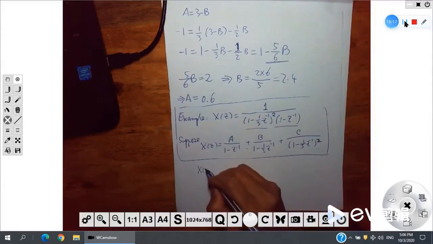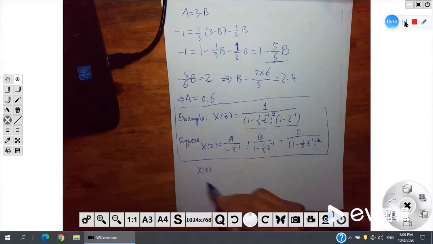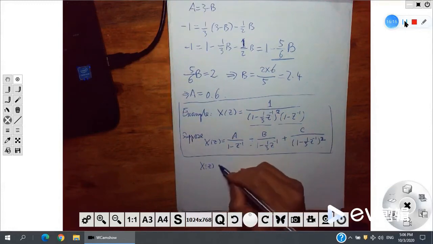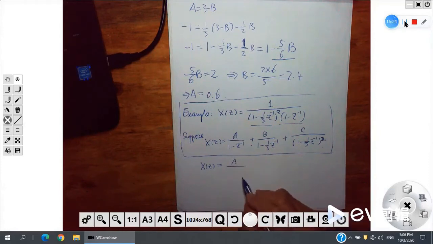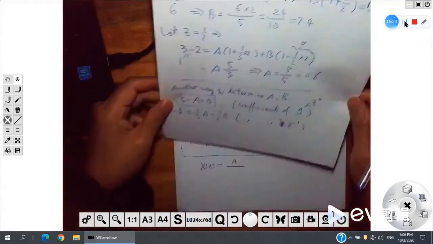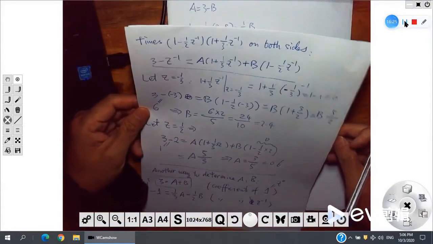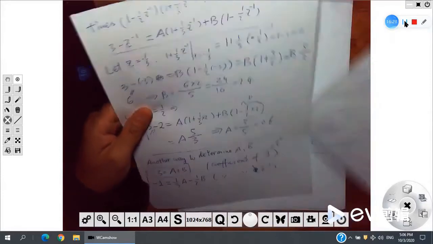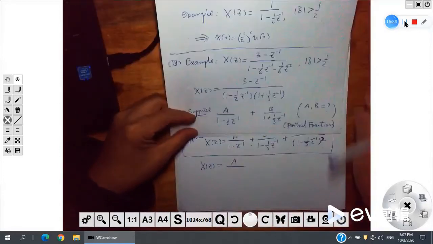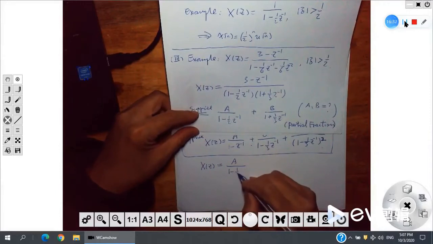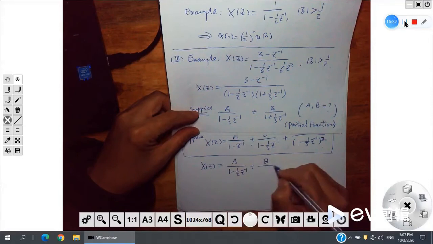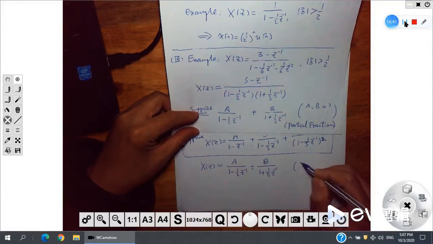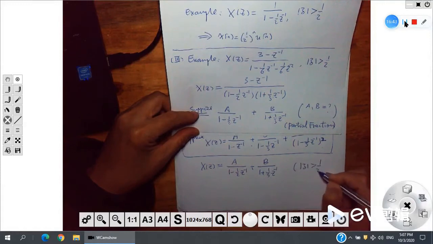Go back to the previous example. X of z is a over 1 minus 1/2 z to negative 1 plus b over 1 plus 1/3 z to negative 1, and our ROC is z larger than 1/2.